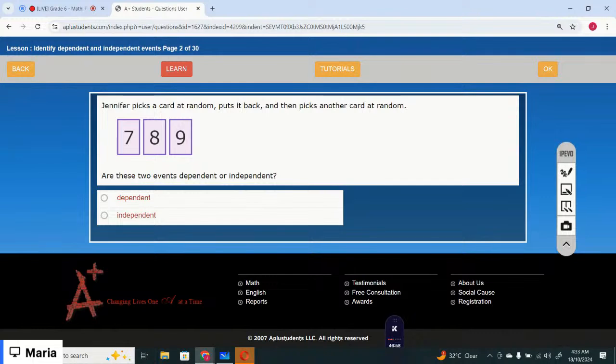If the outcomes of both the events are exactly the same, they are independent. Independent events they are, right?